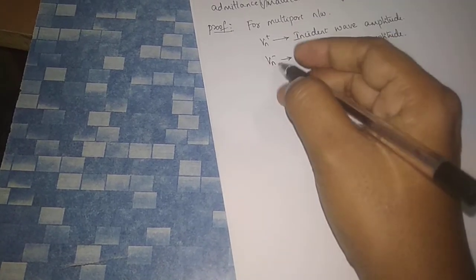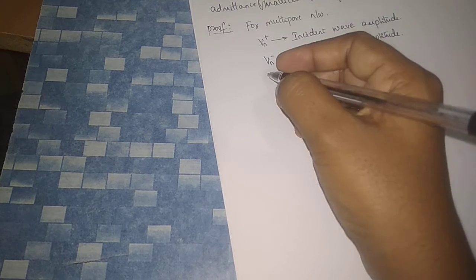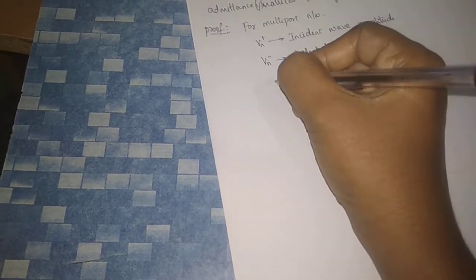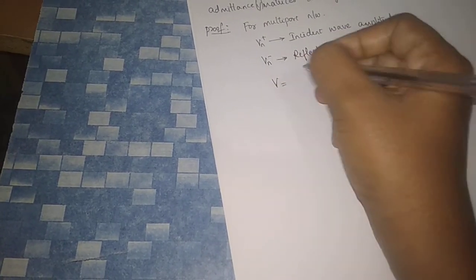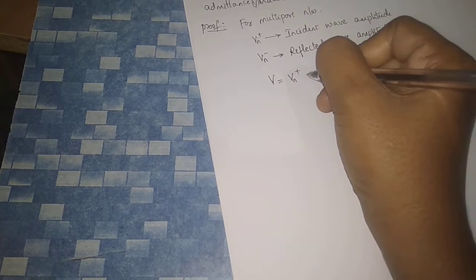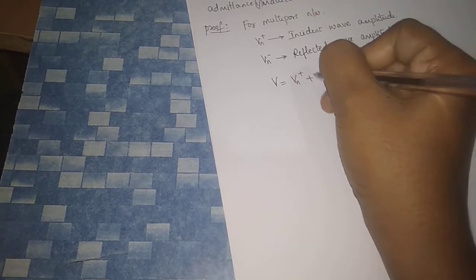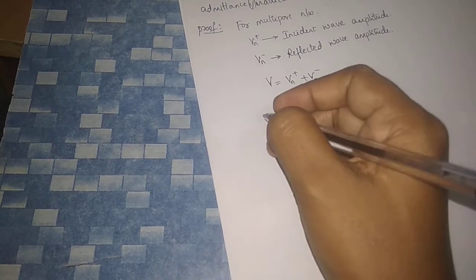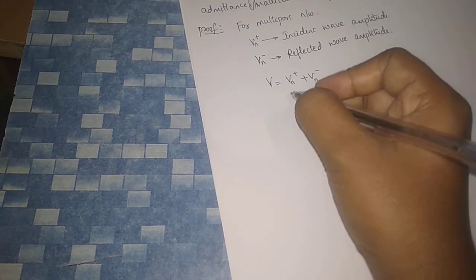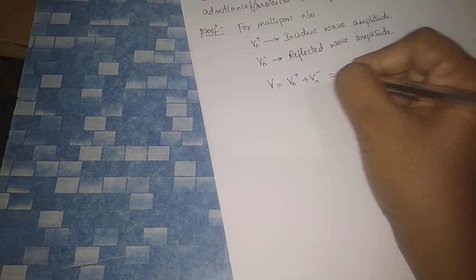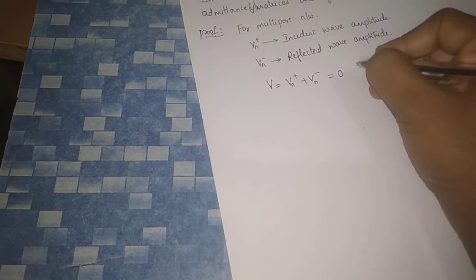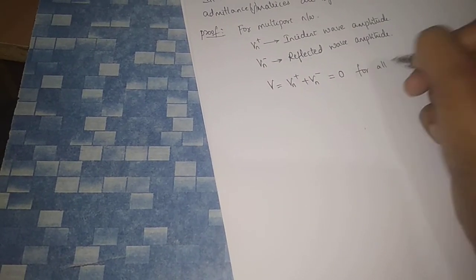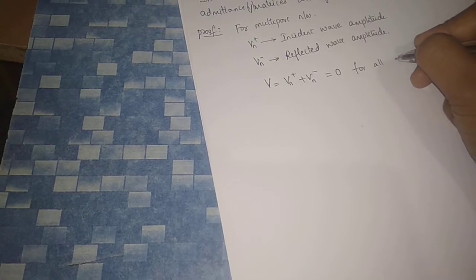Okay. So the overall voltage you can give as Vn is equal to Vn plus plus Vn minus, and this will be equal to 0 for all ports, that is for all n ports.